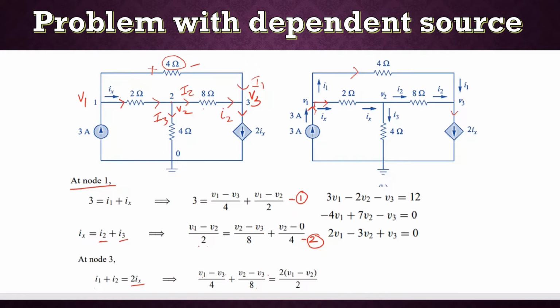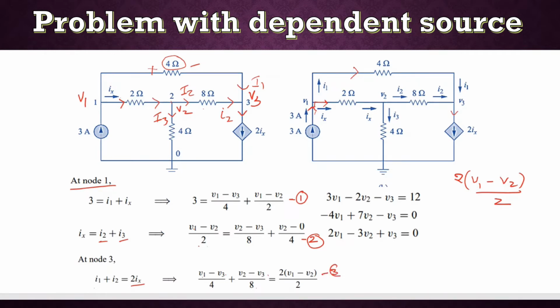And what is 2Ix? Ix is nothing but V1 minus V2 by 2. So you substitute this here: instead of 2Ix, I can write 2 into V1 minus V2 by 2. So this is your equation number 3.